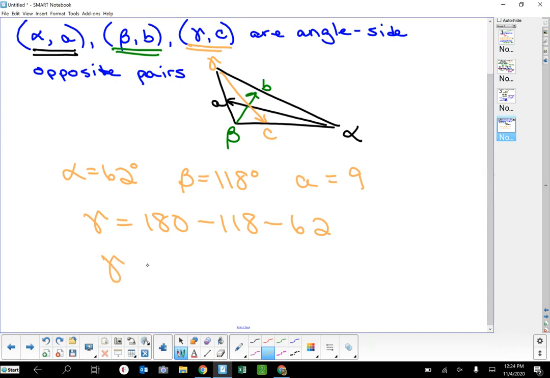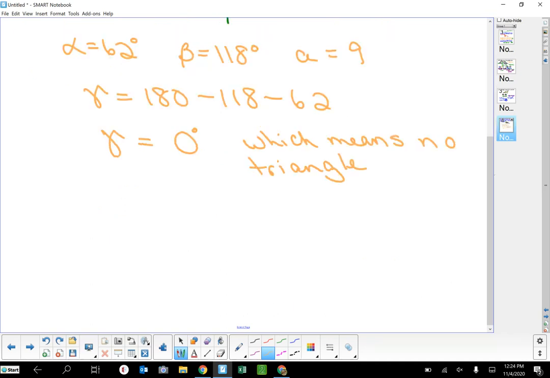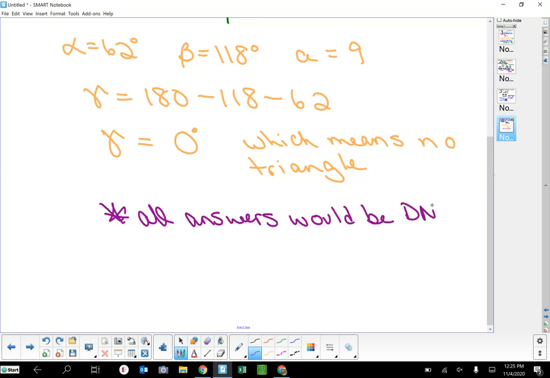So gamma actually equals 0 degrees, which means you have no triangle. So this would be a case where all answers would be DNE. Okay, so that would happen in this instance.